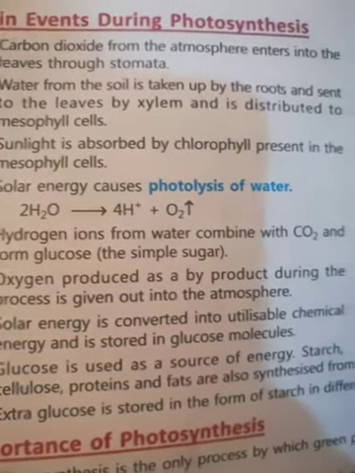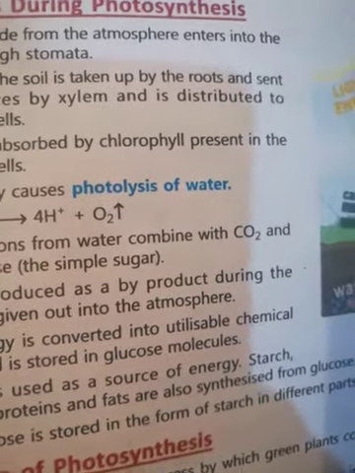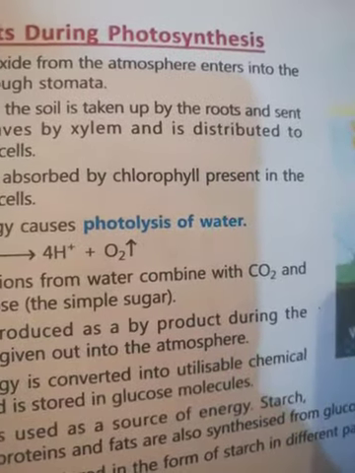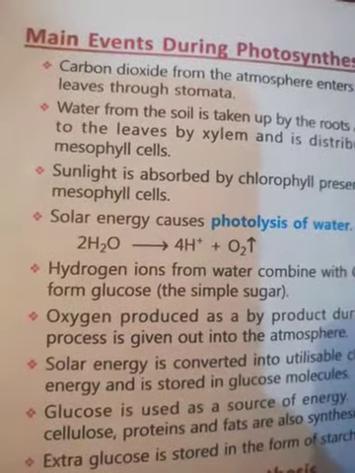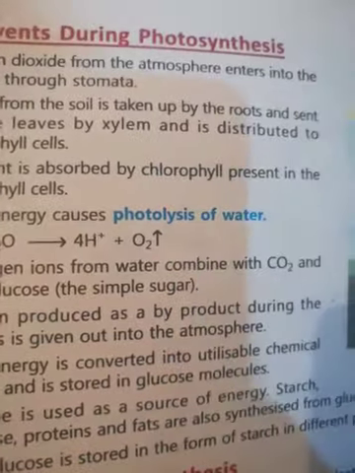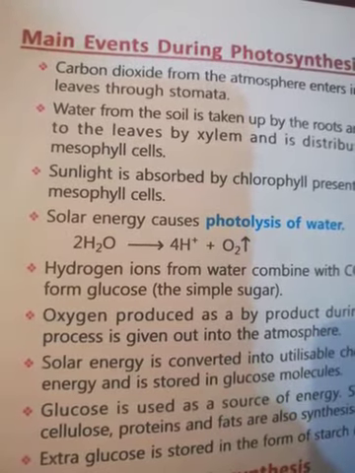Water from the soil is taken up by the roots and sent to the leaves by xylem and is distributed to mesophyll cells. Sunlight is absorbed by chlorophyll present in the mesophyll cells.